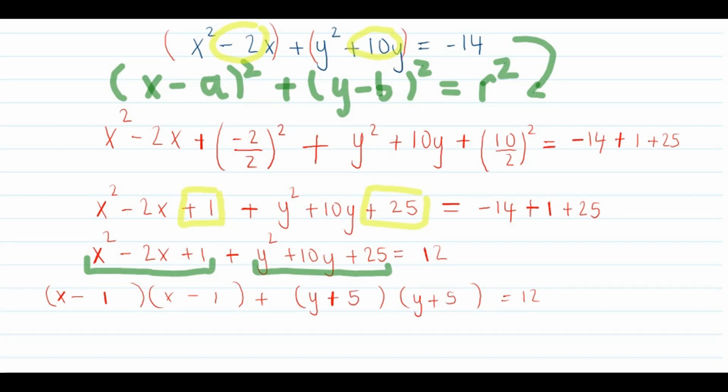Therefore, we can get the center of our circle as well as the radius. Okay, so I'm just going to rewrite what I had there. We had x minus 1 all squared plus y plus 5 all squared, which is equal to 12. We can see that this is in its general form.